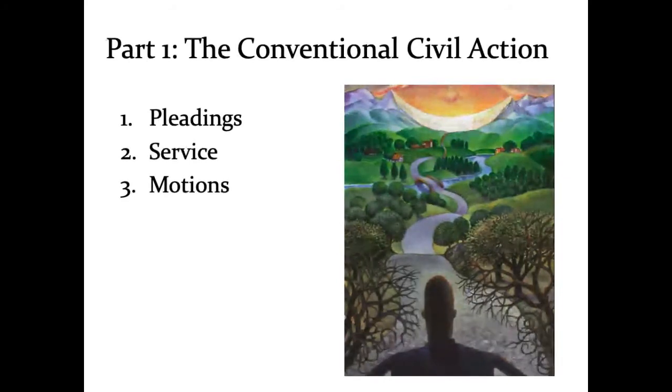A motion. A motion is a request for a judicial decision, which is not at a trial or an appeal, right? So we'll see that civil procedure, because of its complexity, often requires judges to make decisions about the procedure itself, right? So that's procedural motions, where you're just trying to get a ruling on what should happen next.